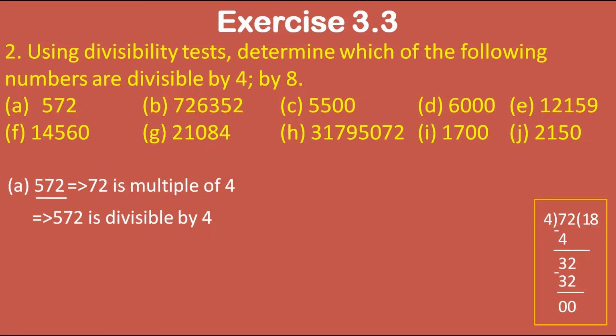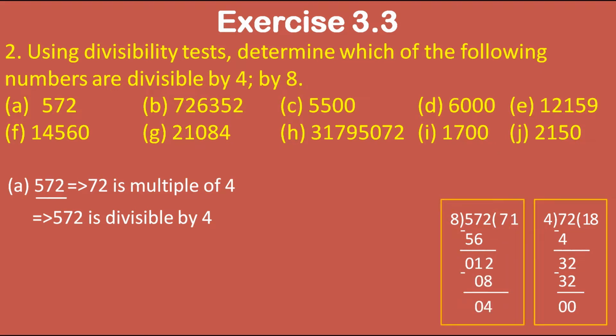So we will directly divide 572 by 8. 8 sevens are 56. 57 minus 56 is 1. 2 came down. 8 ones are 8. It gives the remainder 4. As we are not getting 0 as the remainder, the number is not completely divisible by 8. So, it is not divisible by 8.